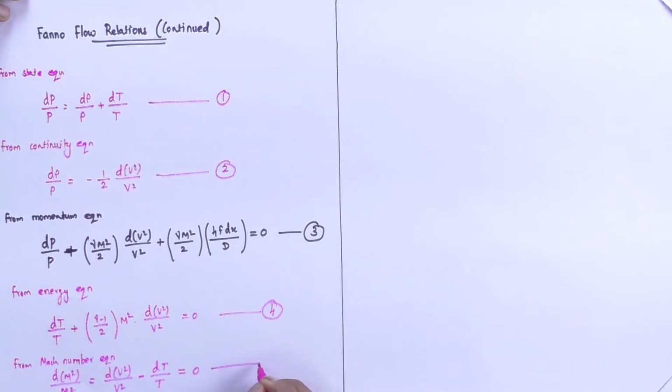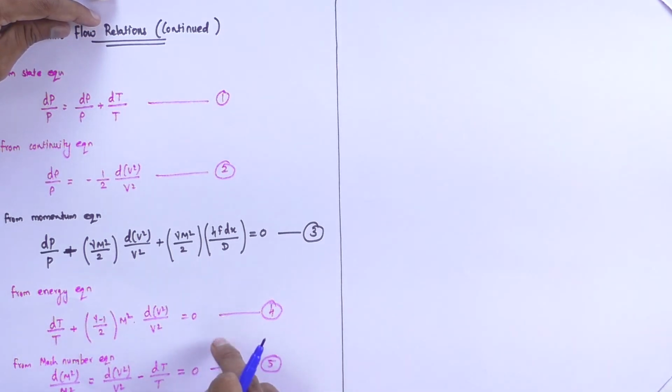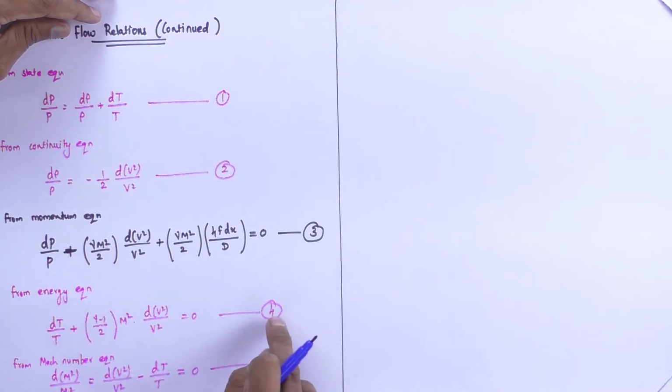So, this is equation number 5. If you look at these two relations, both relate temperature, Mach number and velocity. Now, we can represent one term variation as a function of another term using these two equations.